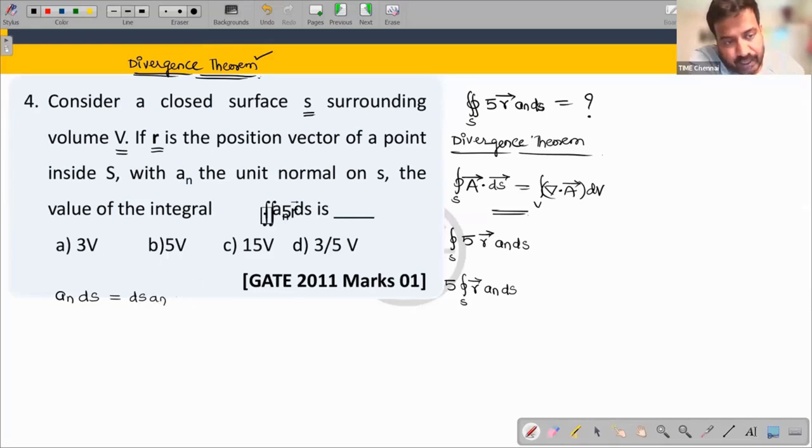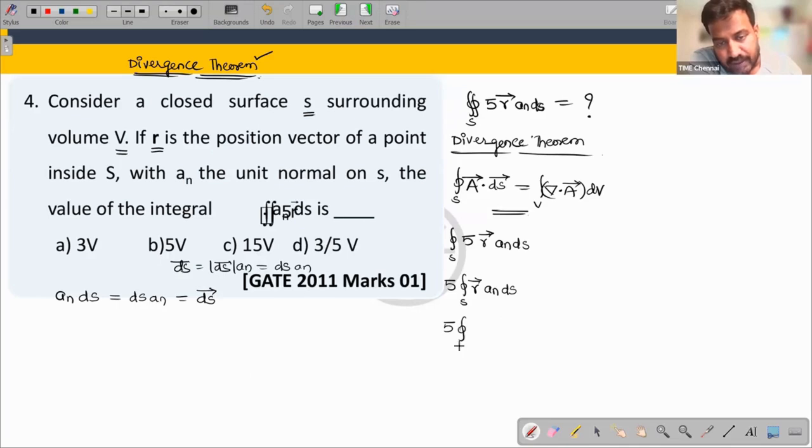And we know dS into an is nothing but vector dS, because vector dS is mod of dS into an, which is dS an. So I can replace this an dS with vector dS.